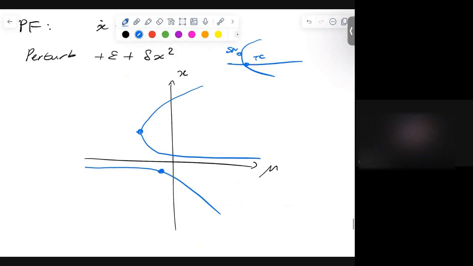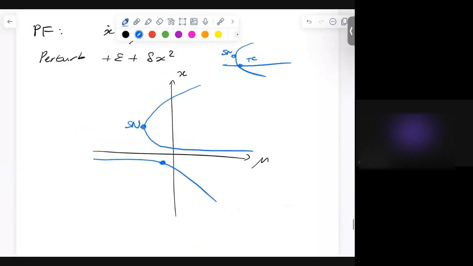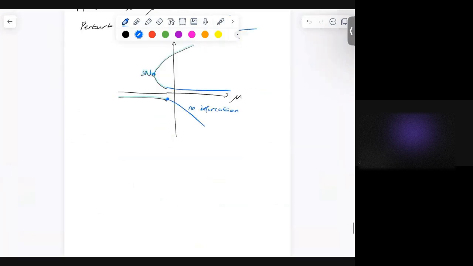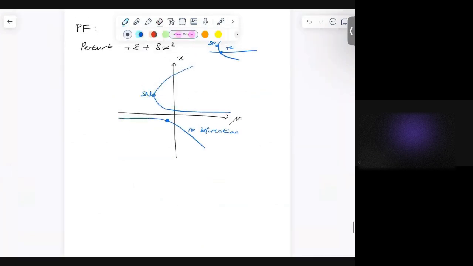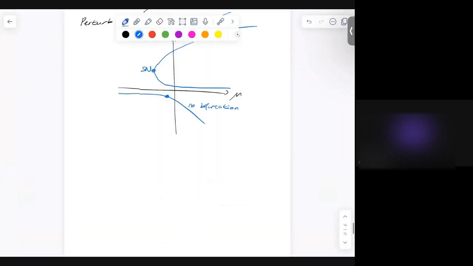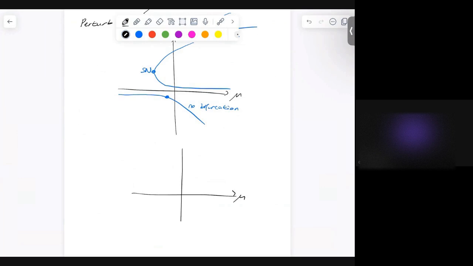Okay, with it being stable, with this being a saddle node and this just being no bifurcation. I haven't drawn the stabilities in. Or if we put, I don't know, I'm just drawing some ideas of what could possibly happen. I don't think this is really just for interest at this point.